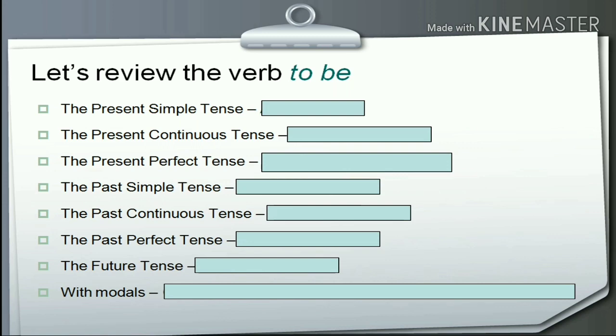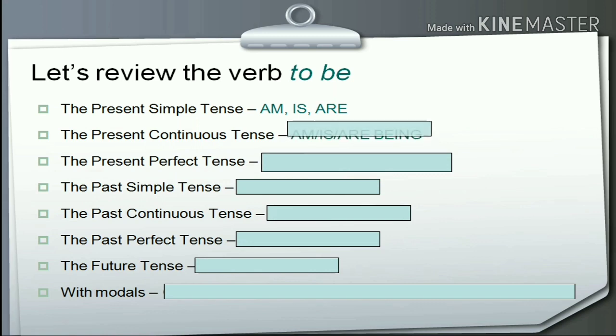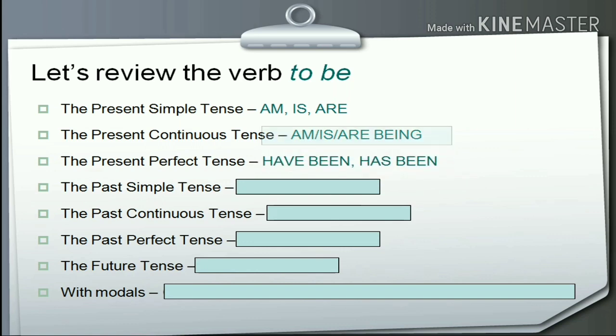Now we need the verb to be most in this lesson. The verb to be in all tenses. Let's start with the verb to be in the simple present. I am, you are, he is, she is, it is, etc. The present continuous tense of the verb to be is I am being, you are being, he is being, she is being, etc. The present perfect tense is have been or has been.